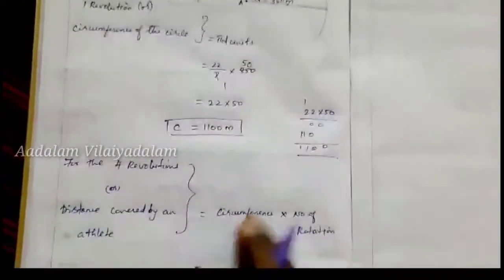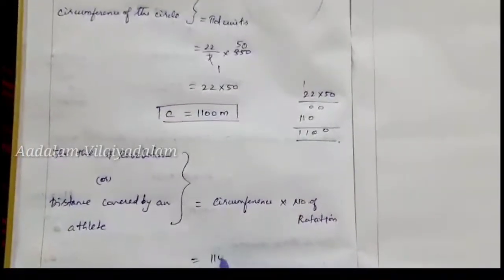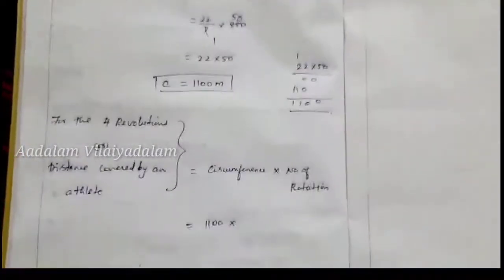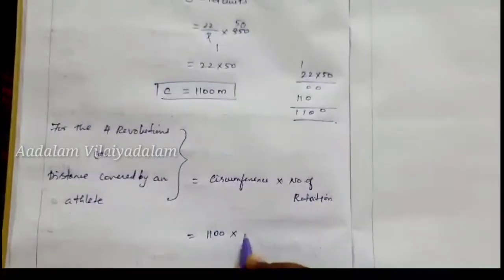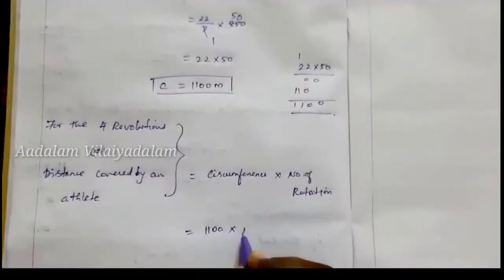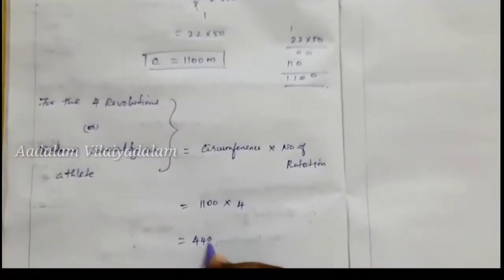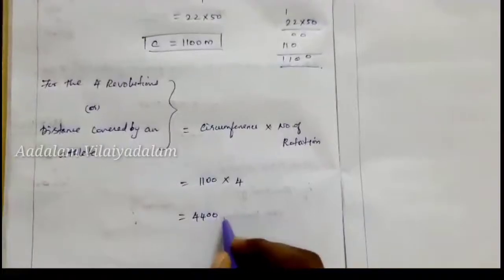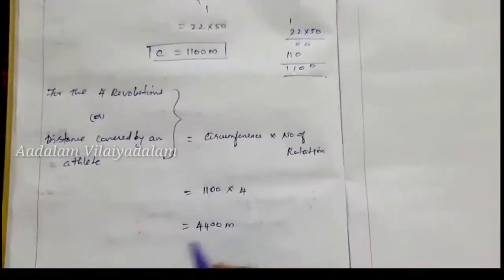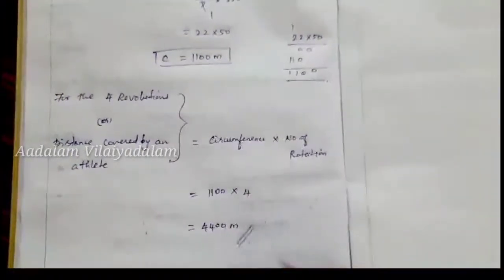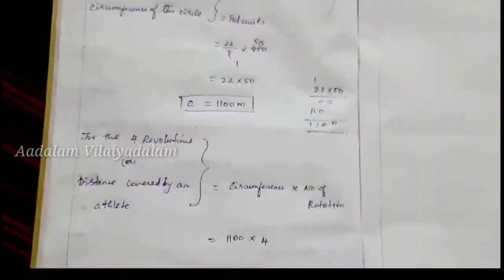So circumference is 1100 and number of rotation is 4. So if you multiply, we get 4400. The unit is meter. So we could say this is the final answer for this problem.